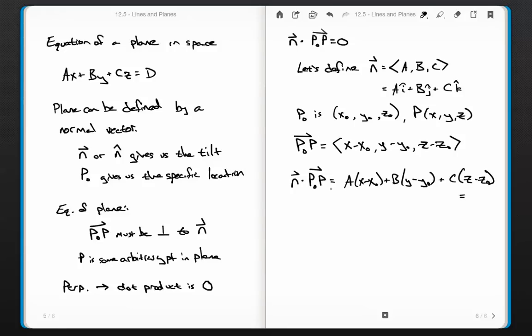The dot product between two perpendicular lines? That's got to be 0. So we could write this out a little bit more. We could say that ax plus by plus cz equals ax0 plus by0 plus cz0.